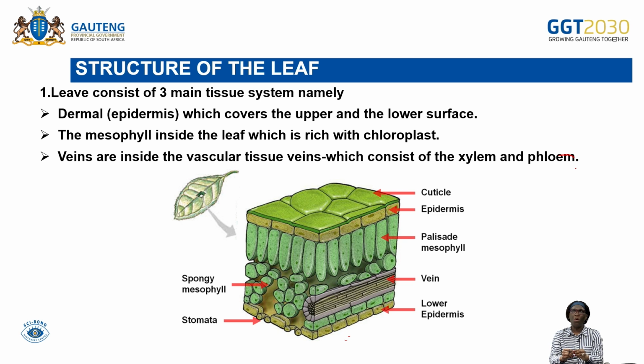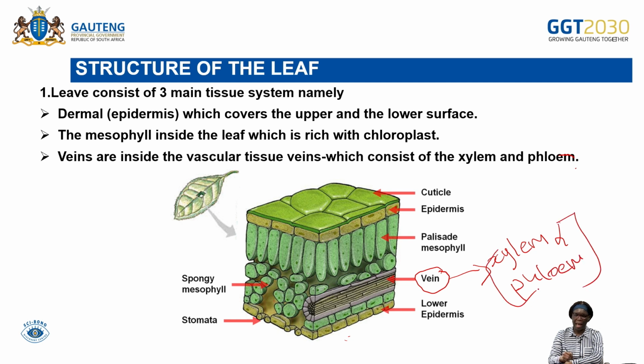And also we have the veins, which are found inside the vascular tissue. This is the vein, and these vascular tissue veins are known as what? We find the xylem and the phloem.